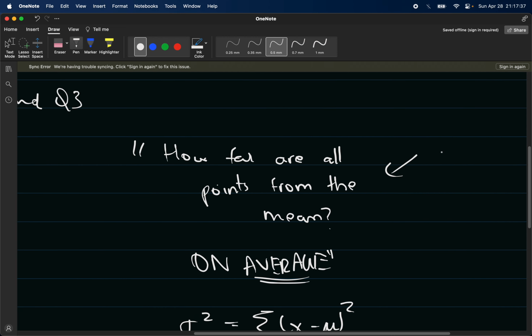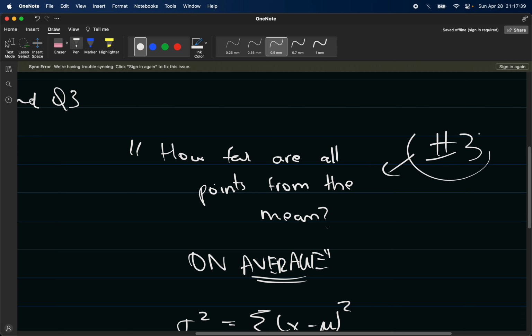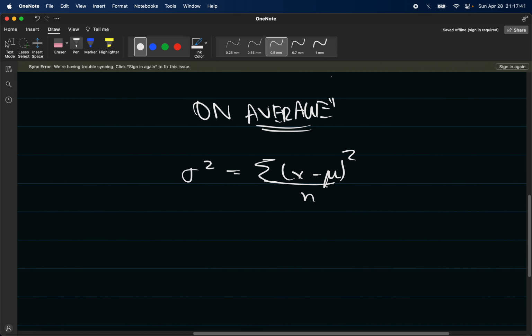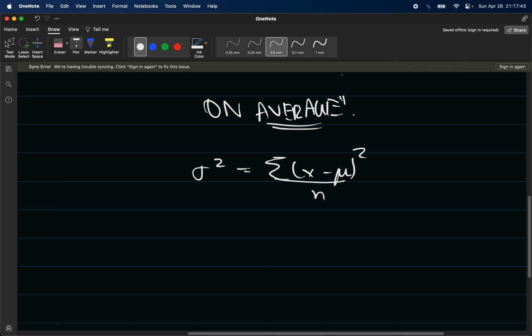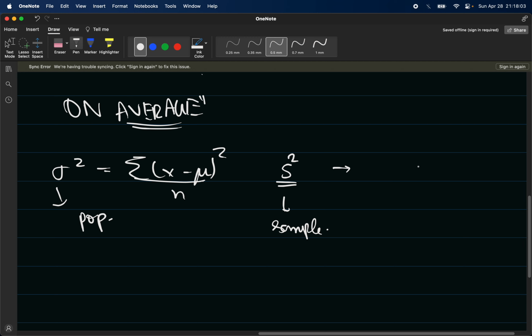This is actually tip number 3. Okay, and so a couple of things to note here is the variance. So when you see this symbol sigma, this is population. And if you see this as a little s, that's sample. Now, the sample variance is actually given by this formula.